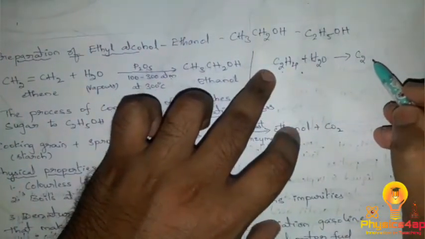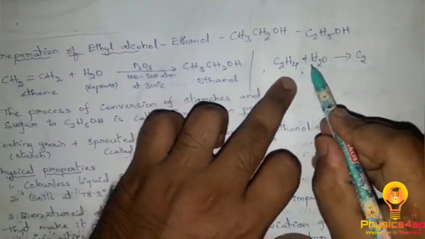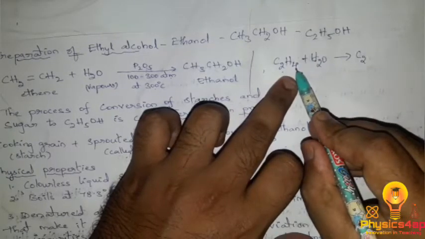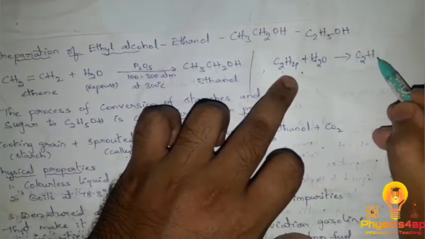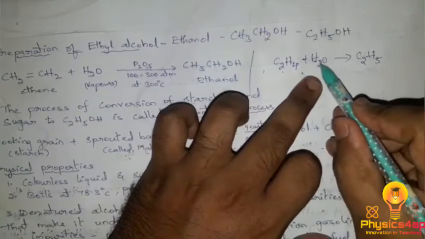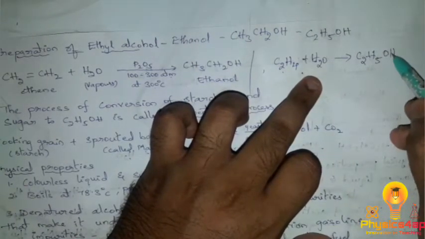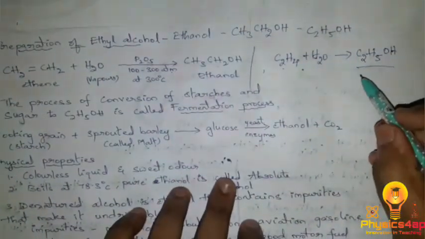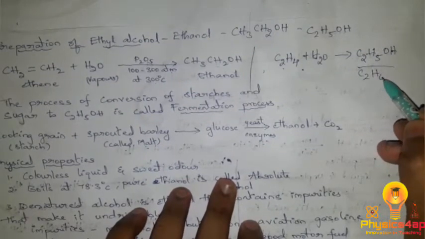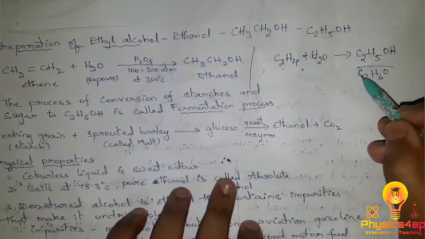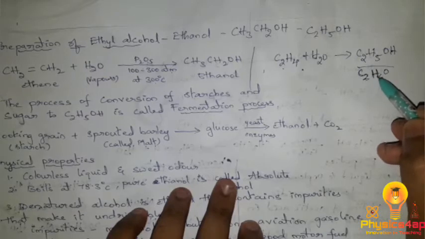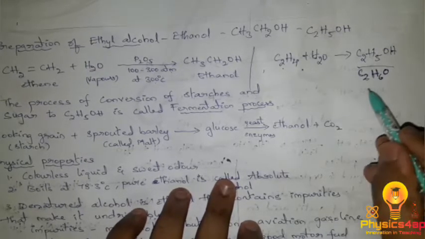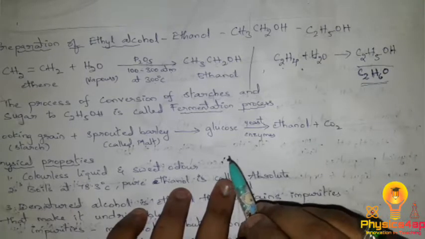One of the hydrogens gets combined with this hydrogen, so we get H5, and the remaining we have OH over here, so we get C2H5OH, or it can be written as C2H6O also. Sometimes, to avoid confusion, it can be written in the carbohydrate form, that is C2H6O.